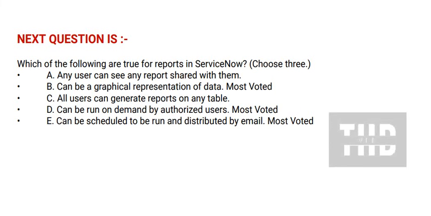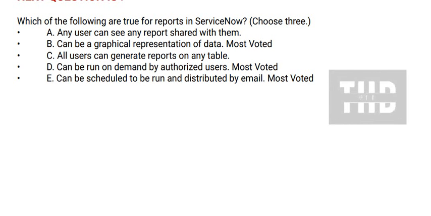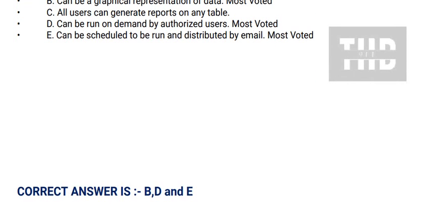Option D, can be run on demand by authorized users. And option E, can be scheduled to be run and distributed by email. And the correct answer is option B, D and E.